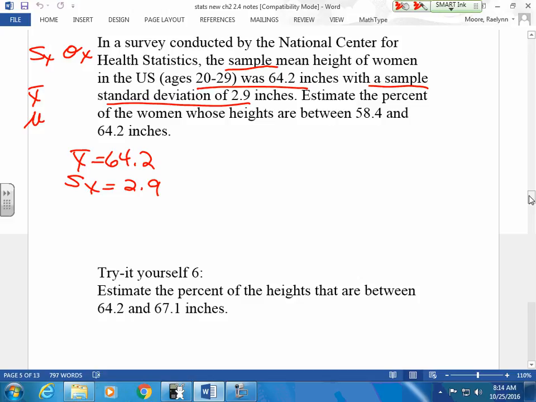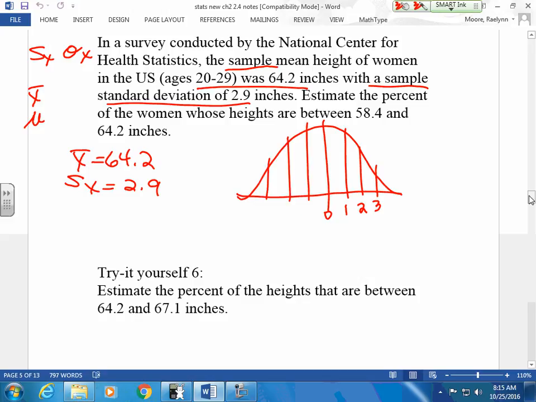Estimate the percentage of women whose heights are between 58.4 and 64.2 inches. Now, this is what you learned in Algebra 2. Same difference. We have 3 standard deviations to the left. We have 3 to the right. Put your mean smack in the middle.